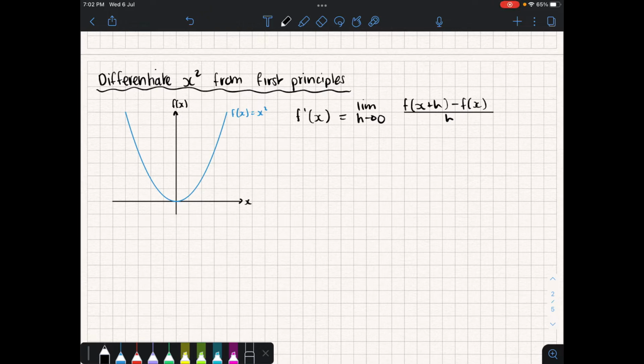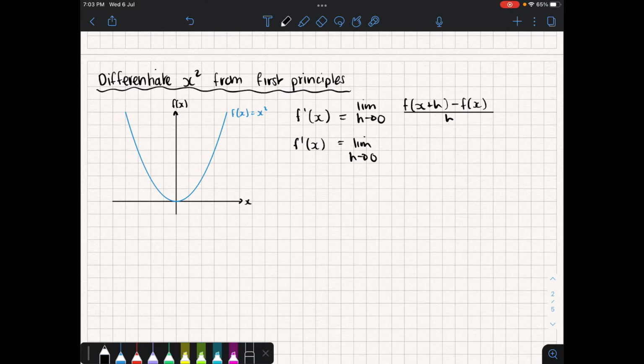All right, so we've got our function here, f of x equal to x squared, and we're going to apply our formula for first principles to this function. So f dash x, so the gradient function, is equal to the limit. Now we have to keep writing this, the limit as h approaches 0, until we actually evaluate the limit.